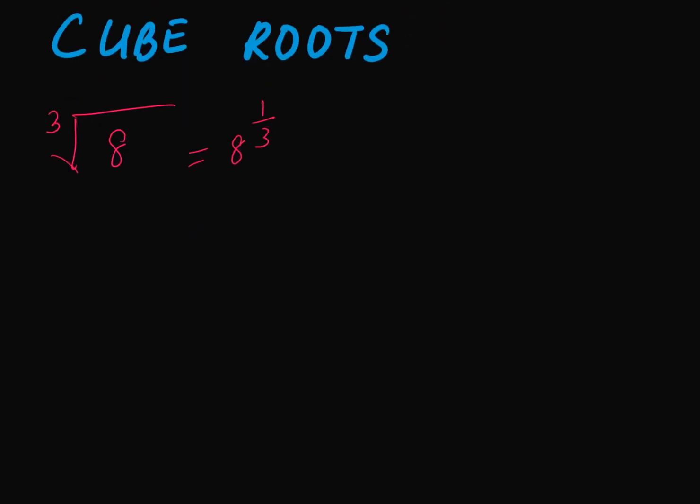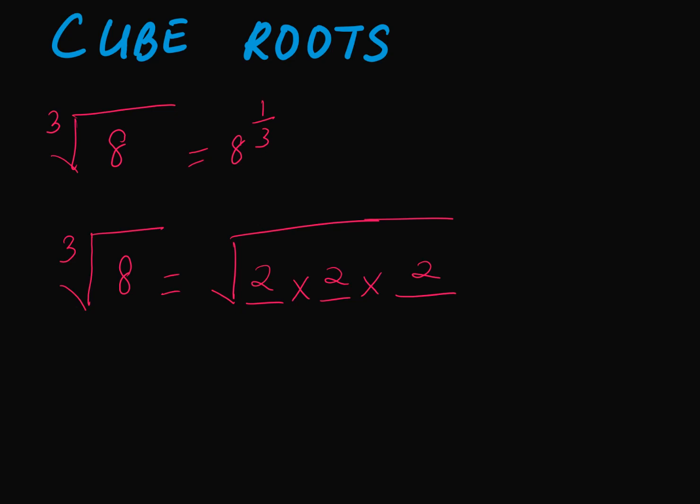So if you have been asked to find the cube root of 8, in a way you have been asked to find which number has been multiplied thrice to give you 8. So you know 2 into 2 is 4, 4 into 2 is 8. So cube root of 8 is nothing but 2.